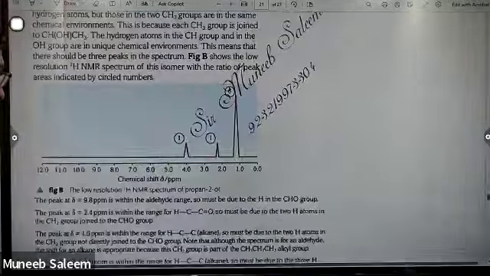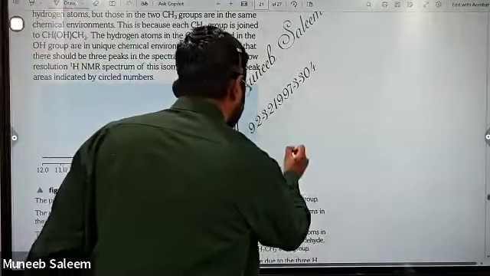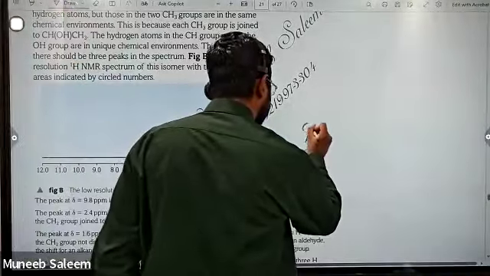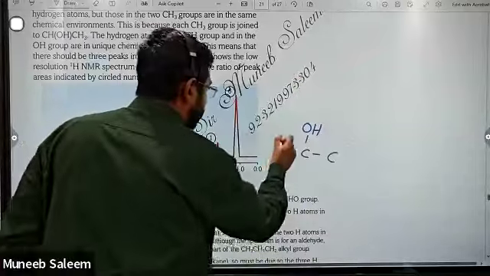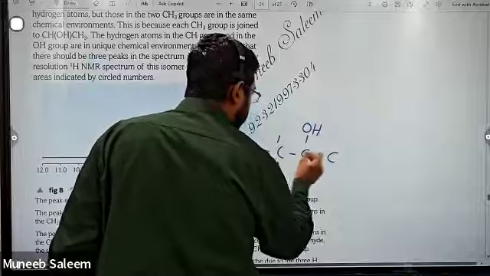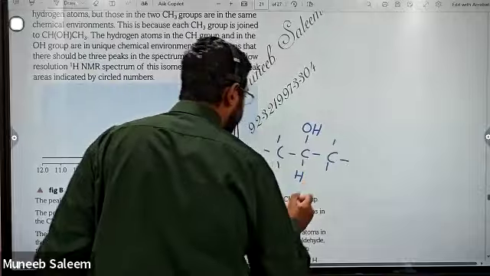Now, this spectrum belongs to propan-2-ol. So the structure of propan-2-ol: we have 3 hydrogen atoms on this side, 3 hydrogen atoms on this side, and 1 hydrogen atom over here.